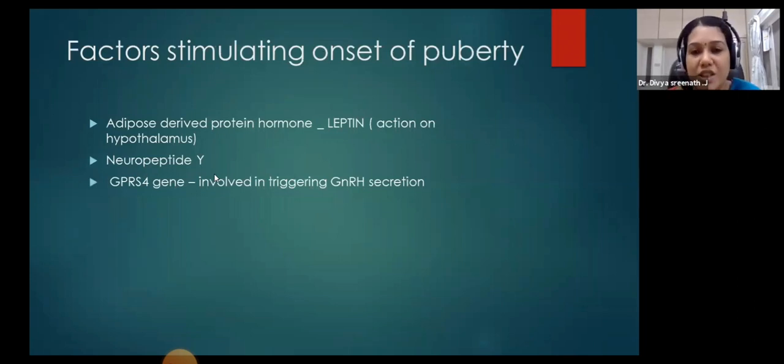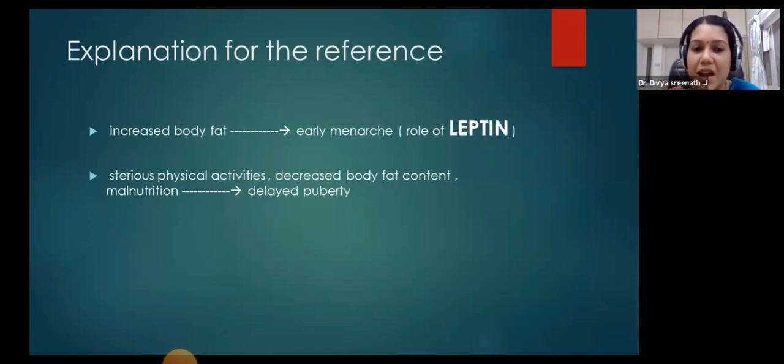So the factors which stimulate the onset of puberty are leptin and neuropeptide by the GPR54 gene. The GPR54 gene, neuropeptide and leptin play a major role in the onset of puberty.